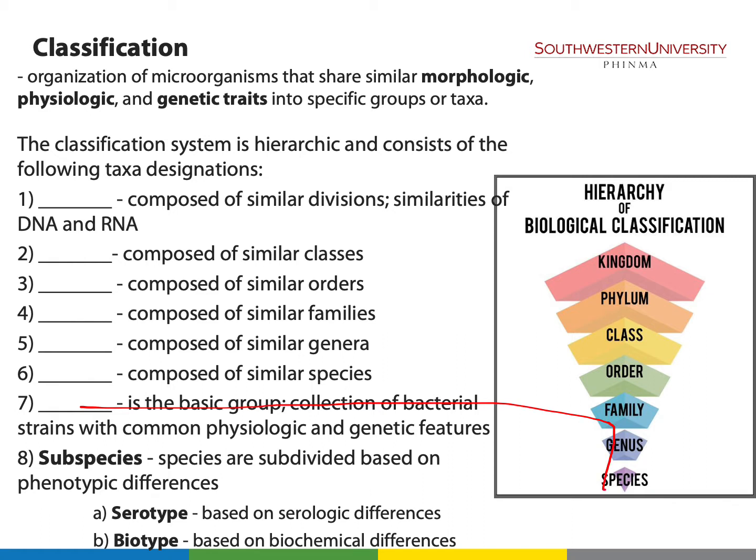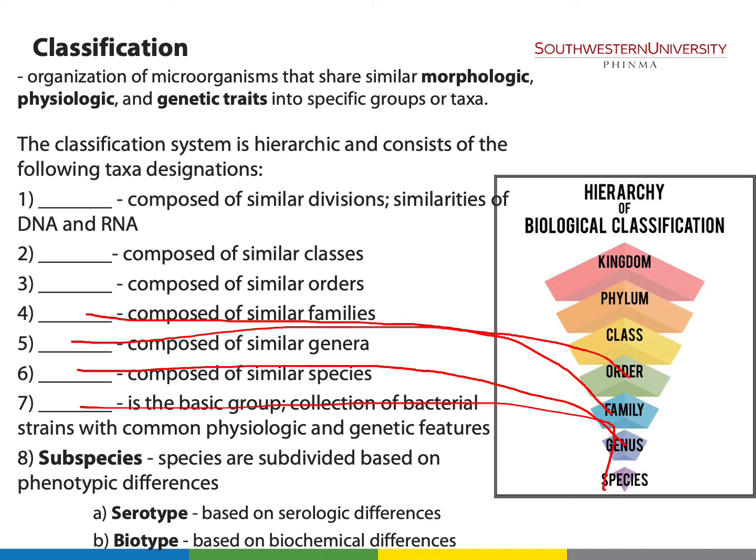A group of similar species is known as genus. A group composed of similar genera is known as your family. Composed of similar families is known as order.